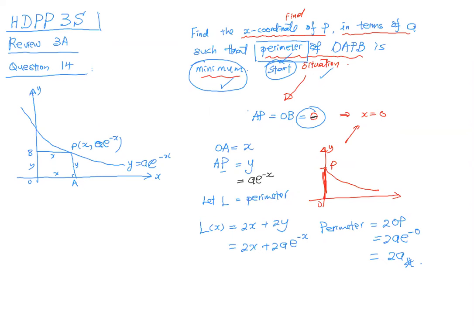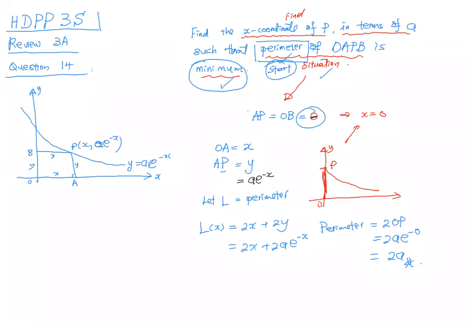Equation of the tangent. Okay, why should I find the equation of the tangent? To get the coordinates for point P. Okay, to get the coordinates of point P, I know you are right, but why do I have to find L prime x? Have you ever asked yourself that?